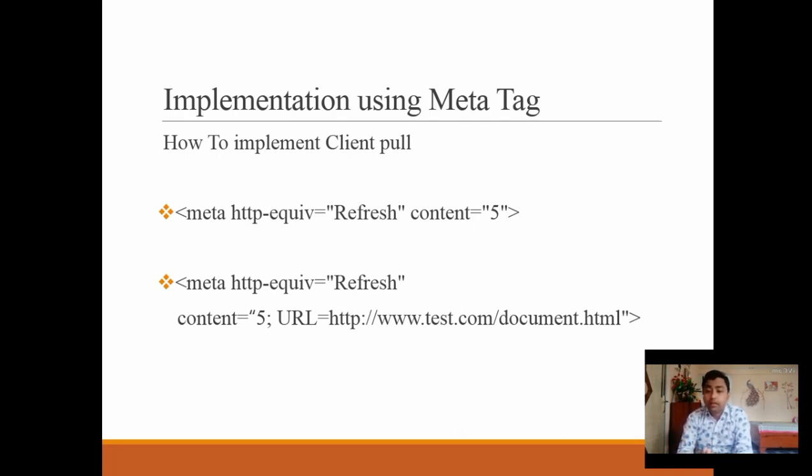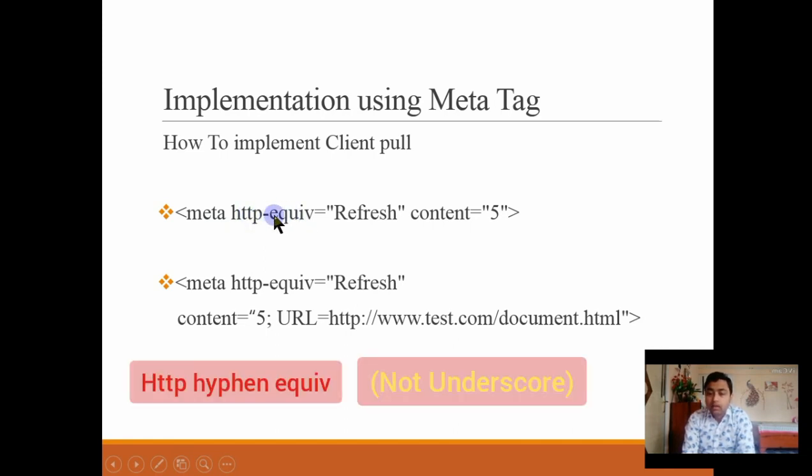So how do we implement client pull? There are two methods here. In the first, we will use the meta tag, and we will use the attribute http-equiv. This attribute is used and its value is given as refresh.